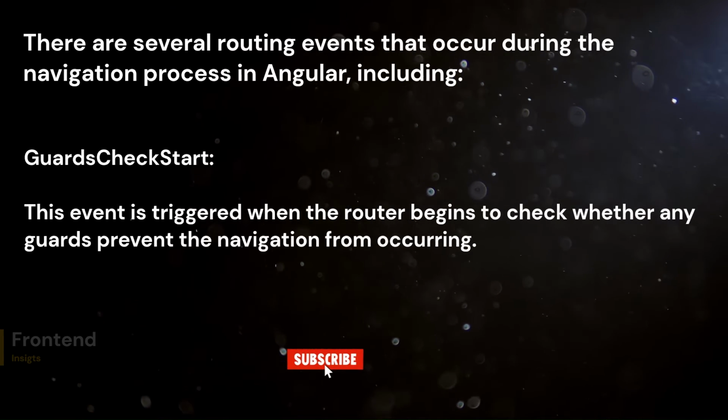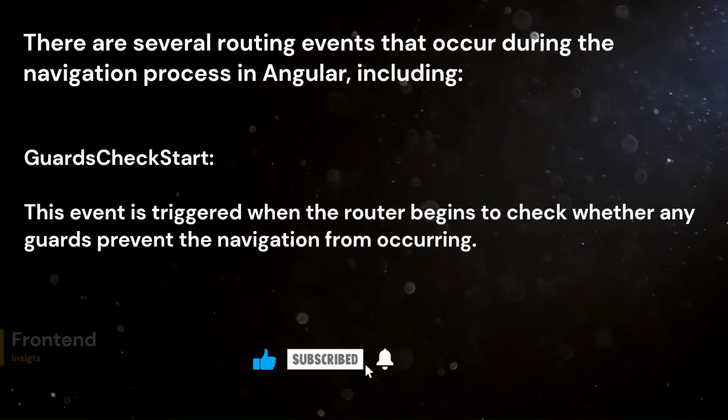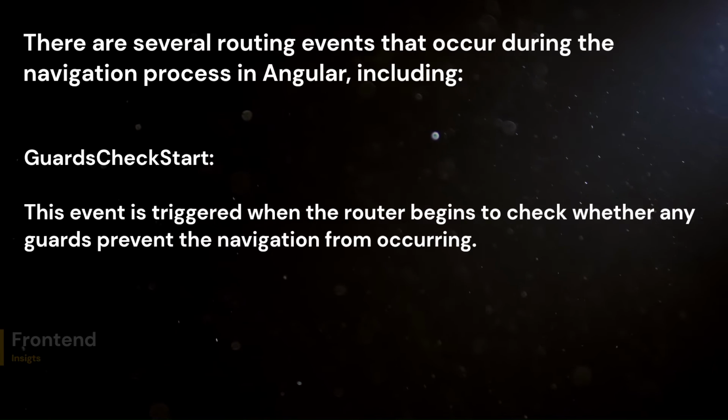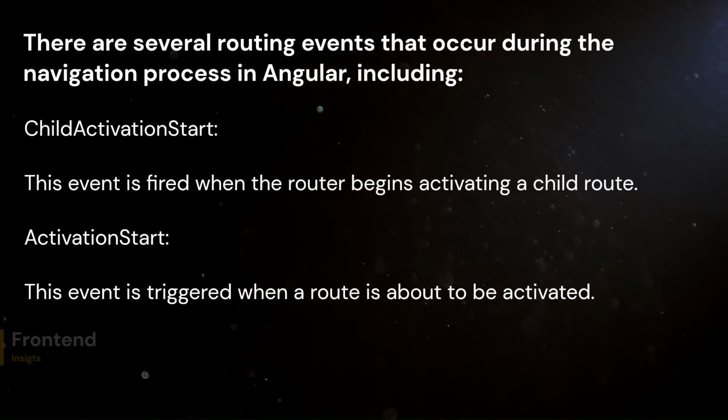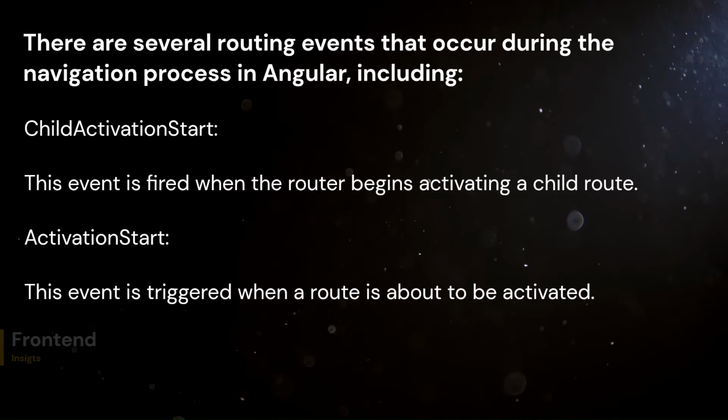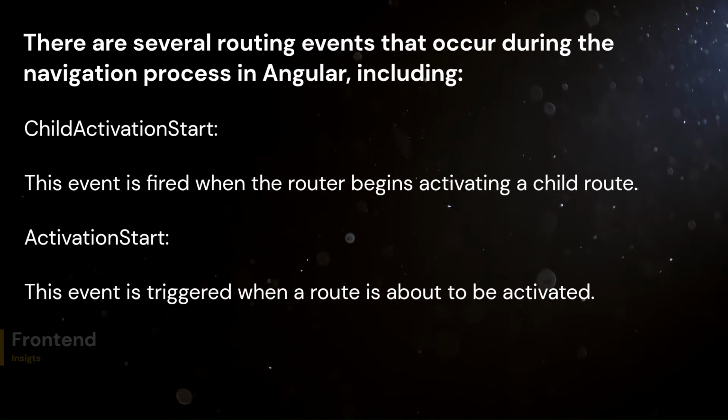GuardsCheckStart. This event is triggered when the router begins to check whether any guards prevent the navigation from occurring. ChildActivationStart. This event is fired when the router begins activating a child route. ActivationStart. This event is triggered when a route is about to be activated.